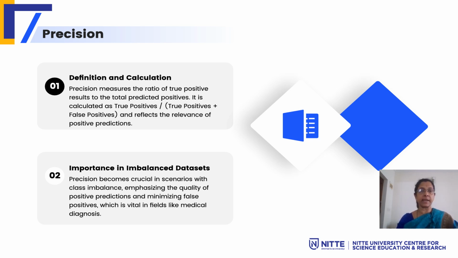Hence, it reflects the relevance of positive predictions. Importance in imbalanced datasets: precision becomes very crucial in scenarios with class imbalance, as discussed just now, emphasizing the quality of positive predictions and minimizing false positives, which is vital in fields like medical diagnosis.